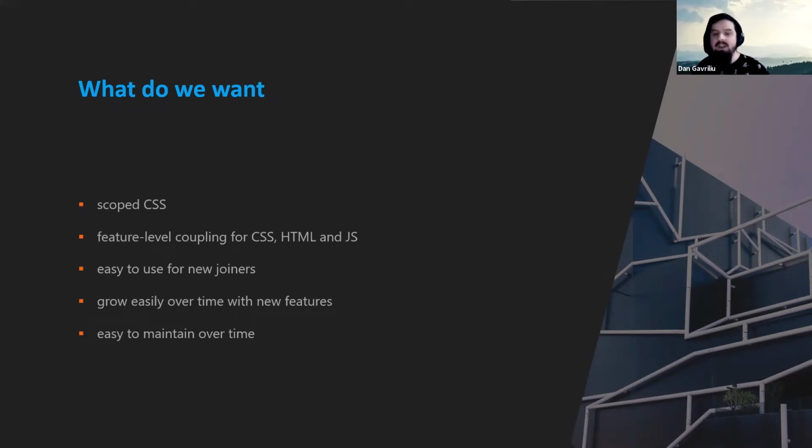So with this in mind, what are the things that we would like? We'd like to have some form of isolated, scoped CSS. We would also like to have a tighter coupling between our CSS, our HTML, and our JavaScript.